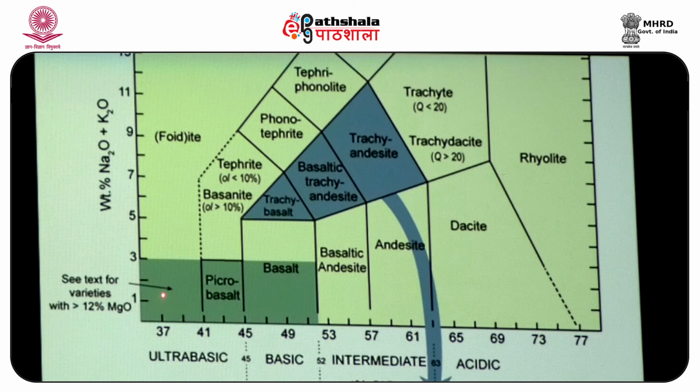So now you can see here that these are rocks which are known as picro basalt, because of the very low percentage of silica and also very low sodium and potassium together, here less than 3%.